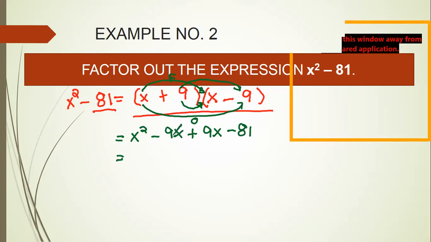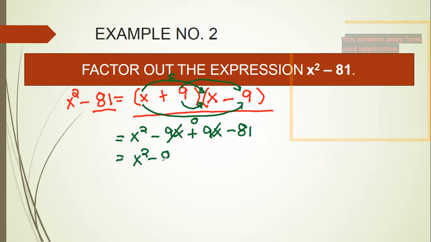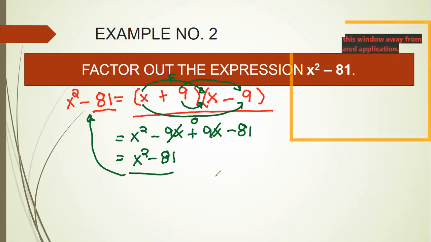Okay, -9x and +9x will cancel out, because that's already 0. So the remaining is x squared minus 81. Is this the same as the given? Yes, so that's the same. Which means our factors are x plus 9 and x minus 9.